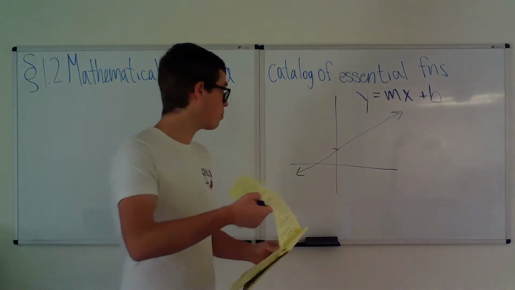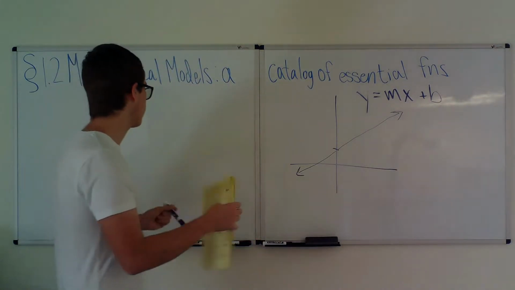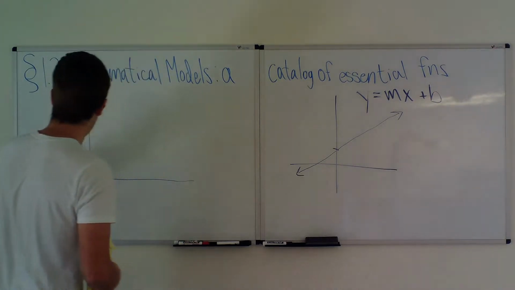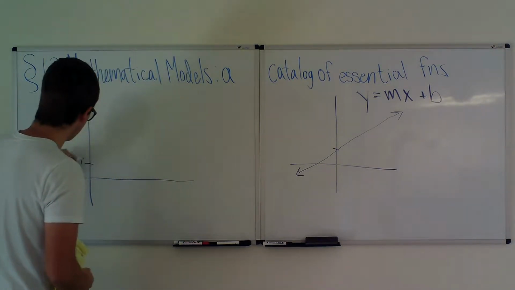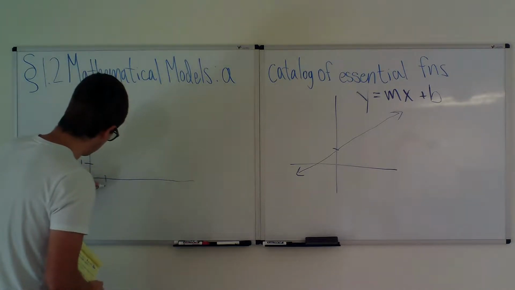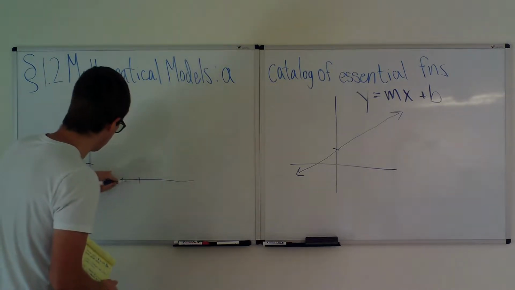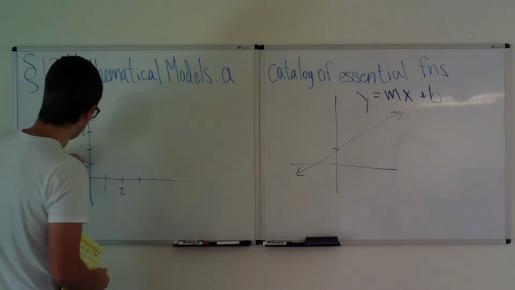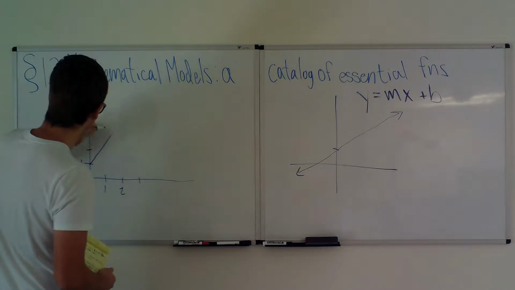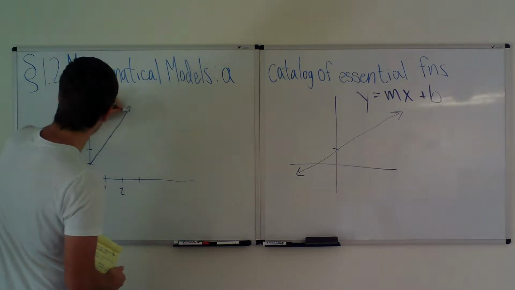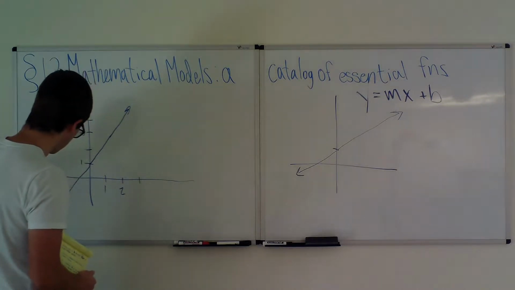So for the example 2x plus 1, you have your y-intercept at 1, it rises up 2, over 1, and again, and it looks like this.